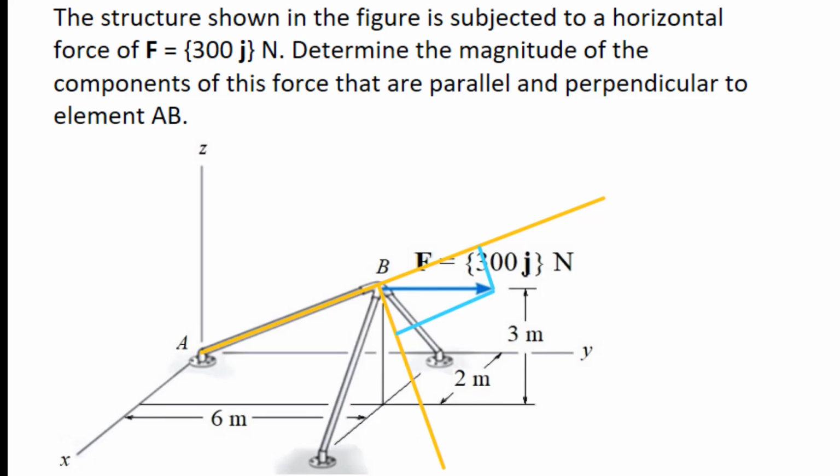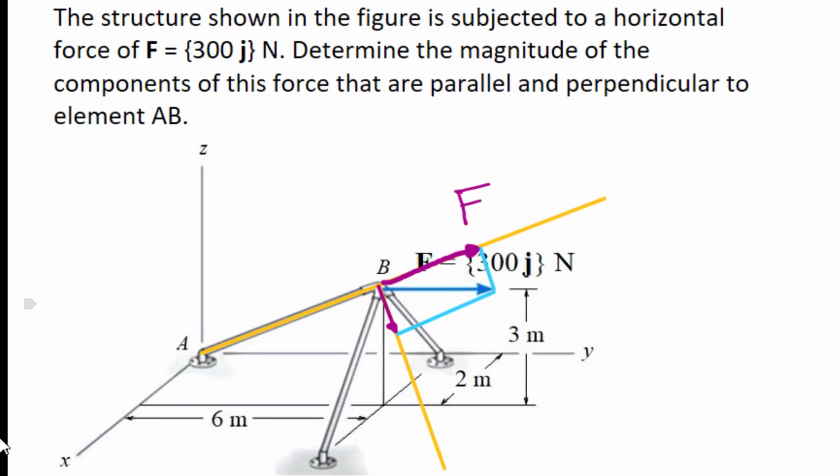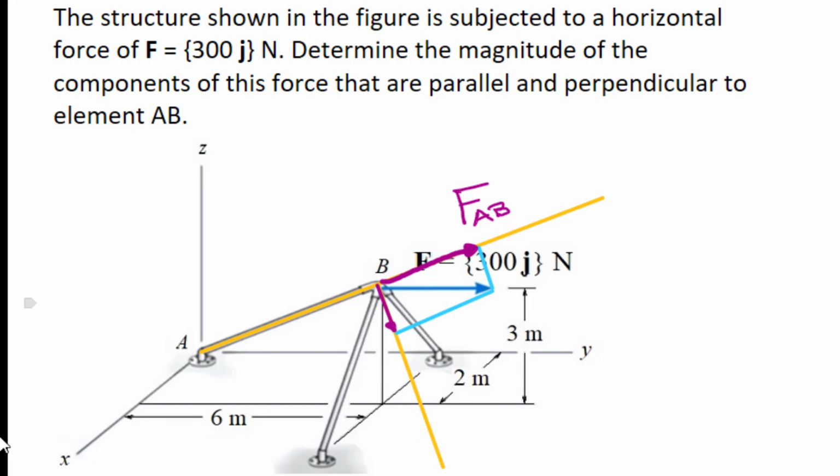In other words, it means that we can get our components on the corresponding yellow lines. I will call the one that goes here FAB, and the other I will call FP, because it's perpendicular.